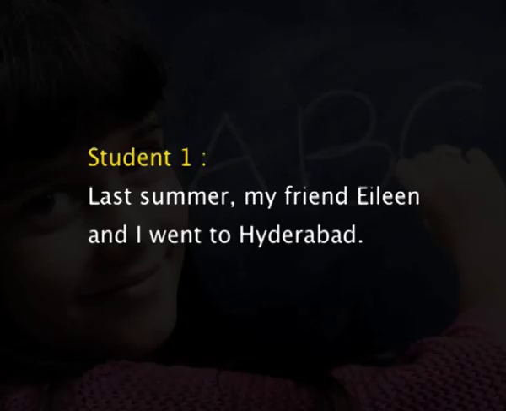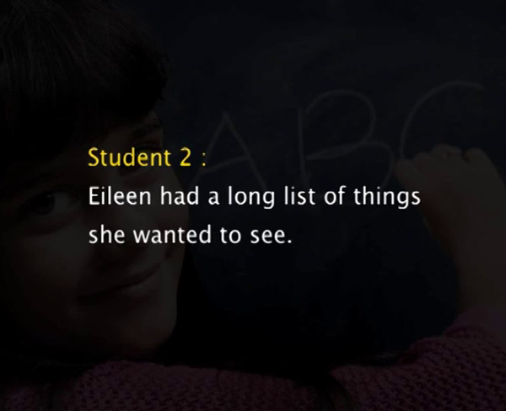Sample story with L and R alveolar consonant sounds. Let's consider we divided a group of 4 students. Then student 1 will contribute the first part of the story. Last summer, my friend Eileen and I went to Hyderabad. Then the second student will continue it.